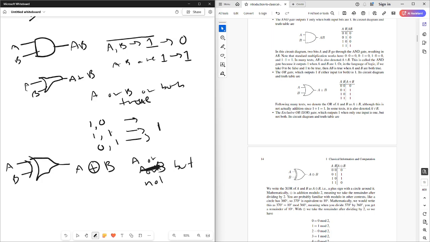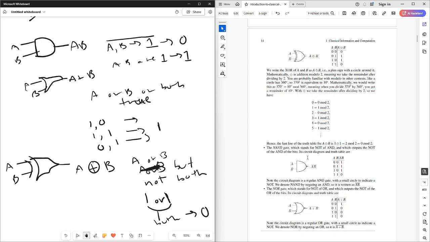So either A is 1 or B is 1. But if they're both 1, we get 0. Pretty standard stuff there.